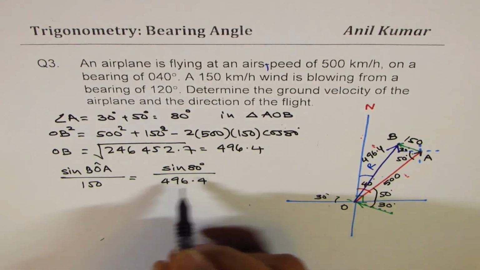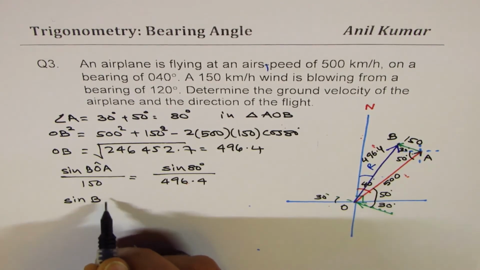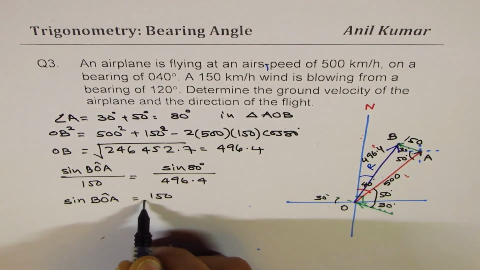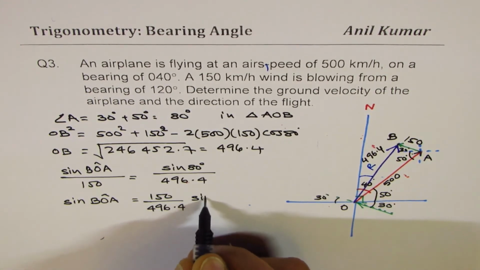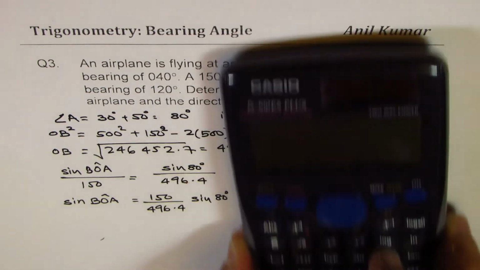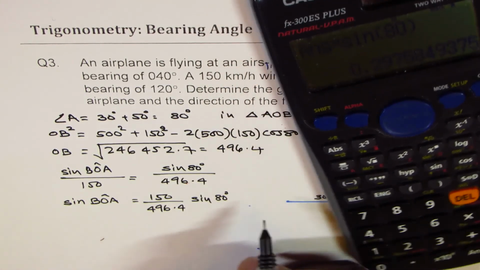Cross multiply. So we get sine of angle BOA equals 150 over 496.4 times sine of 80 degrees, which is 150 divided by 496.4 times sine of 80 degrees.